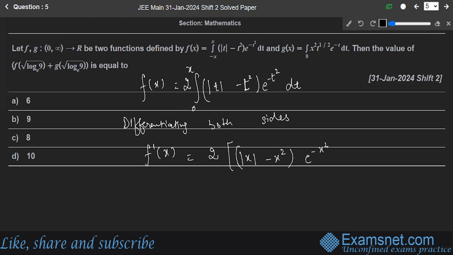Okay. So similarly, you have the second function g of x as integral 0 to x square t raised to power 1 by 2 into e raised to power minus t dt.